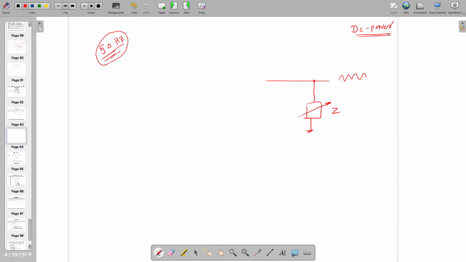I can understand that even though there is a DC line, if I am connecting it to some impedance which is moving here and there, it asks for some current. If that current is small enough, it might ride on the DC value, which is the case for, let's assume, an inverter. So this might happen.